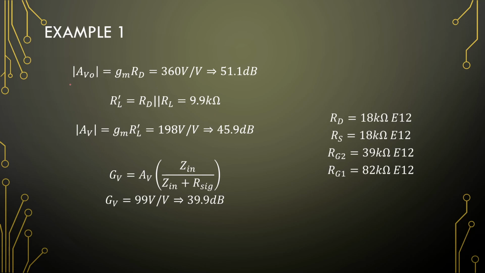Right, so AV0 from what we've seen is 51.1 decibels. Our loaded gain is 9.9 kilo ohms, and that will give us 198 volts per volt or 45.9 dBs, and the input being matched, so 50 over 50 plus 50, so half, will give us 99 volts per volt or 39.9 dBs.